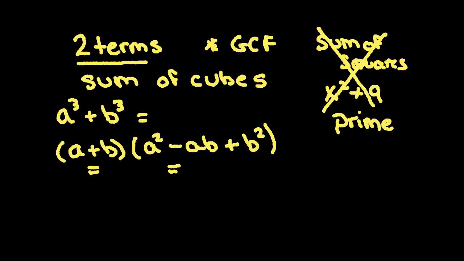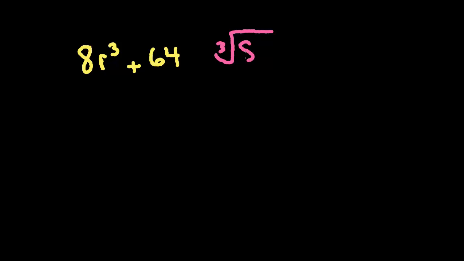All right, so let's look at an example. It would be very similar to what we had before. Let's say we have 8r cubed plus 64. So we want to do the cube root of each of these to find out our a. So we want the cube root of 8r cubed. So that's our a.